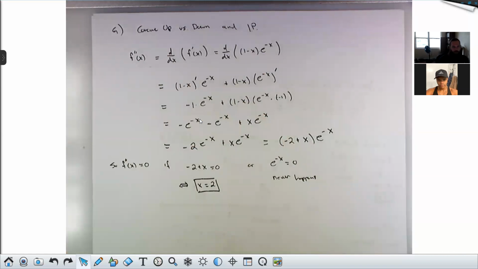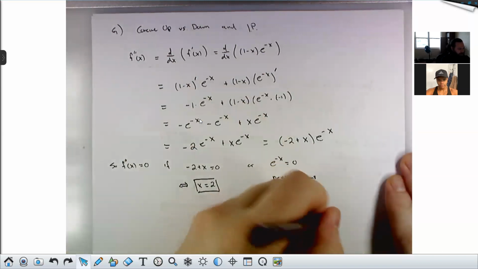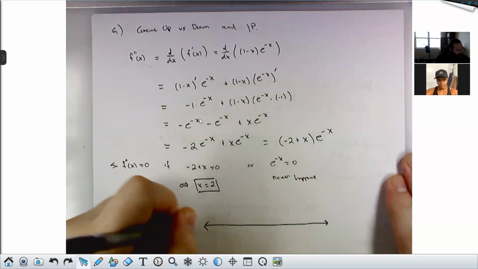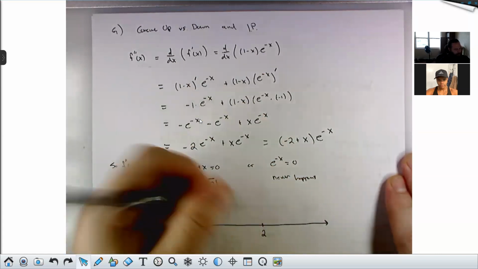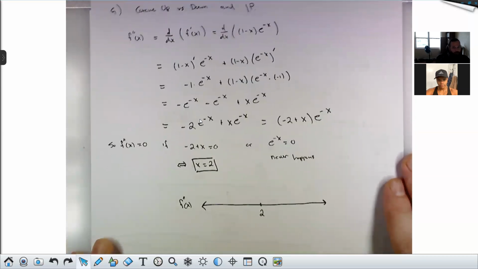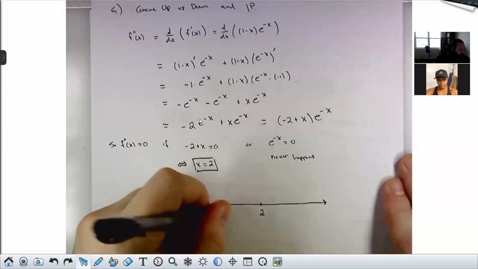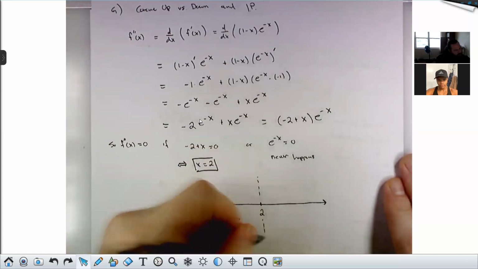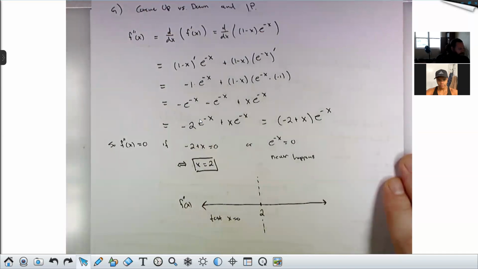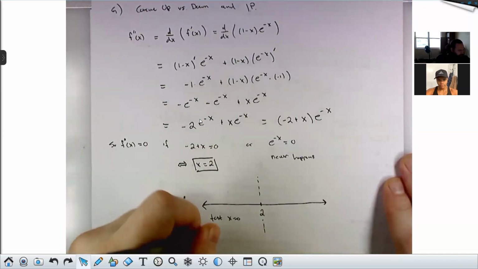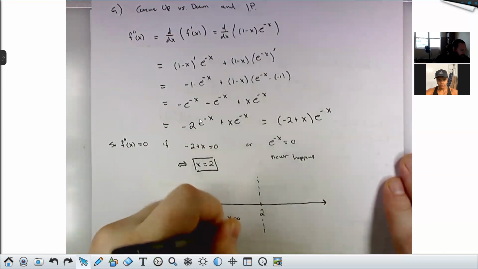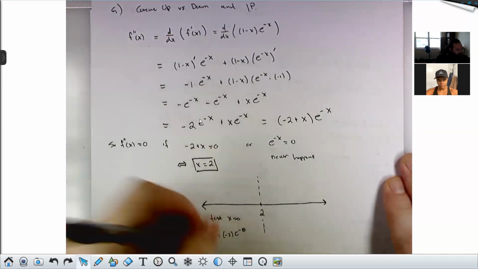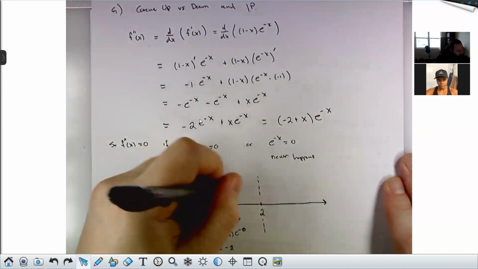So on my number line for f double primed, I again just have one number. And this time it's 2. I can test x equals 0 on the left. If you plug 0 in, f double primed of 0 is negative 2 times e to the negative 0, which is just negative 2. So this is negative.